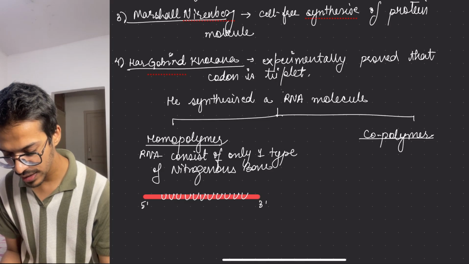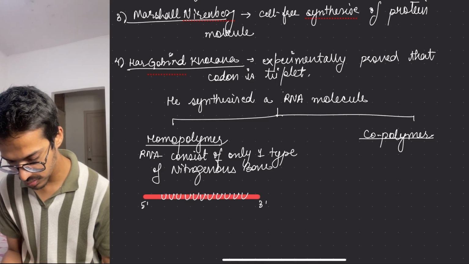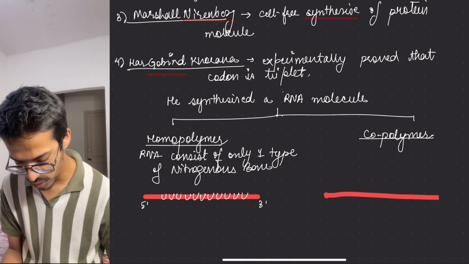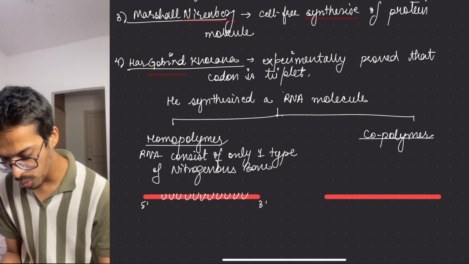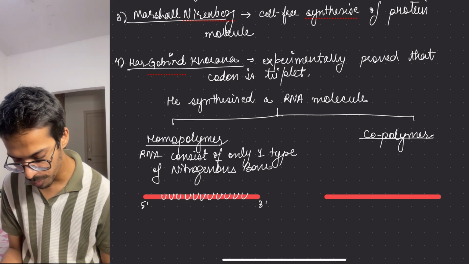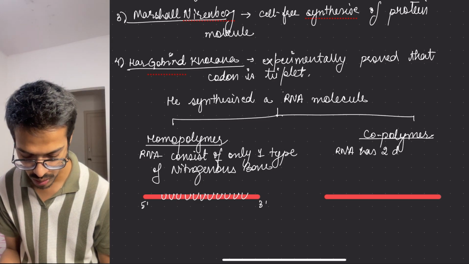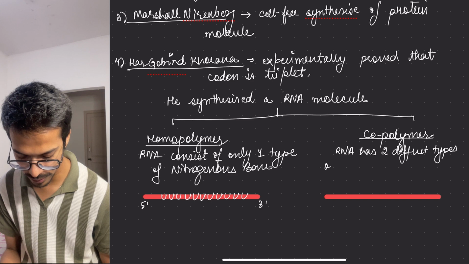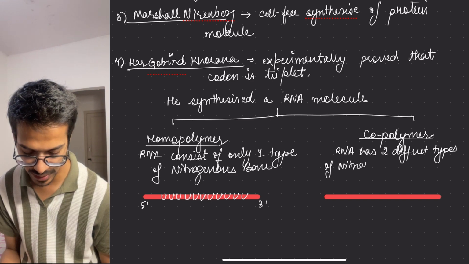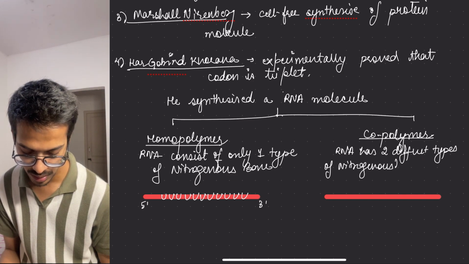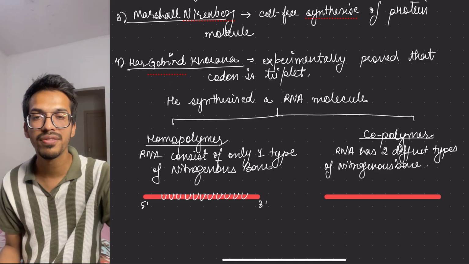Simultaneously, he took another one, a copolymer. So in a copolymer, what is happening? The RNA has two different types of nitrogenous bases, one after another.